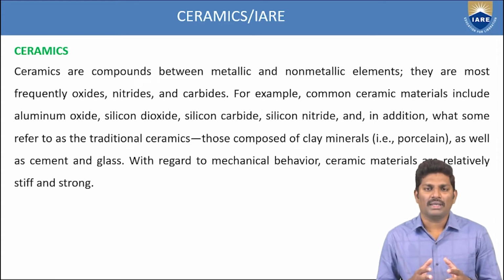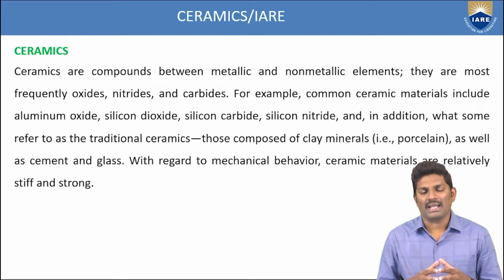In those phase transformations, we get metallic and non-metallic elements, some having iron content and some not. With the description of the iron content, we classify whether the material is ferrous or non-ferrous. Now, coming to ceramics, what is happening here?